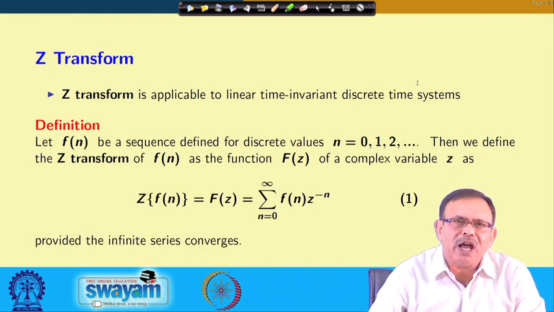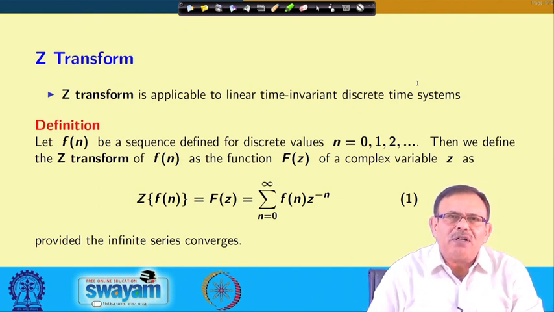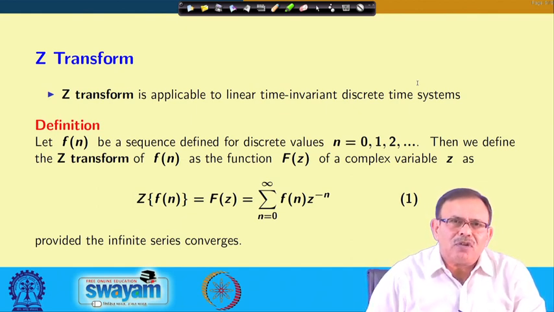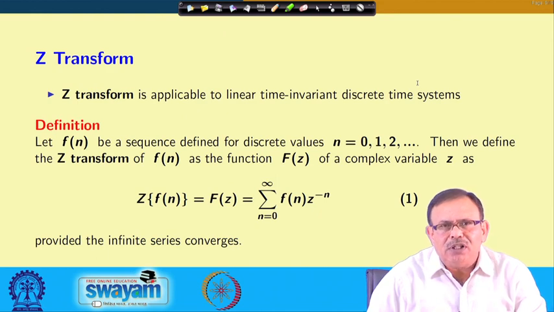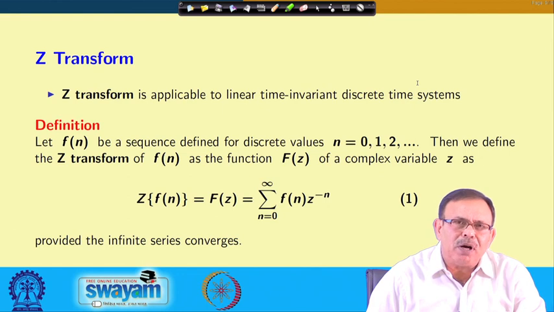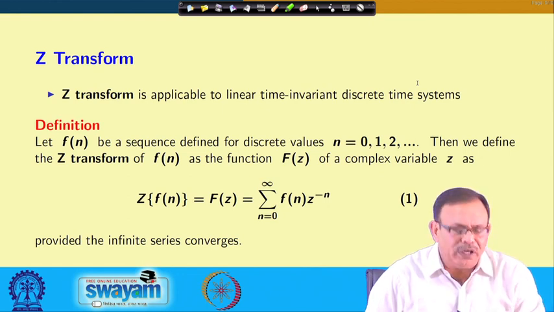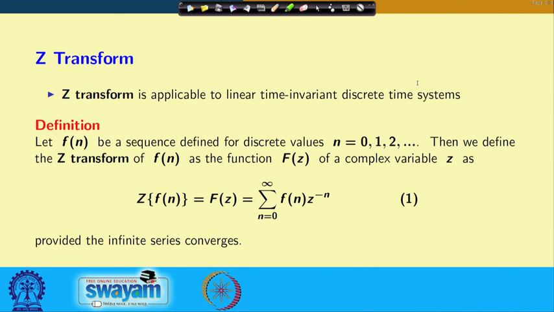It is defined as the Z transform of f n, which we write as capital F z, equals summation n equals 0 to infinity f n z to the power minus n, provided the infinite series converges. Obviously, the series has to converge.